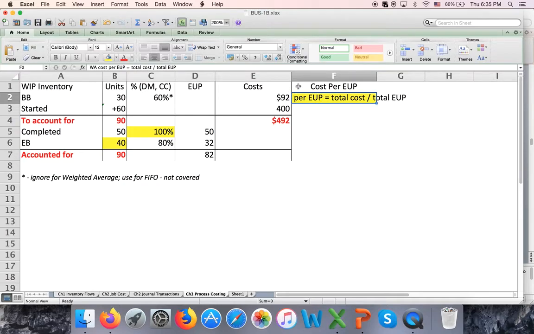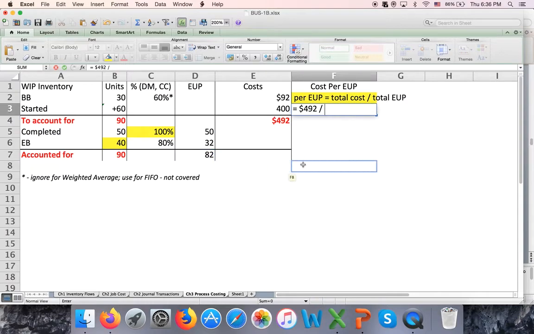So, my total cost is 492 and our total units of production is 82 EUPs. So my weighted average cost per EUP is then $6 per EUP. There we go.